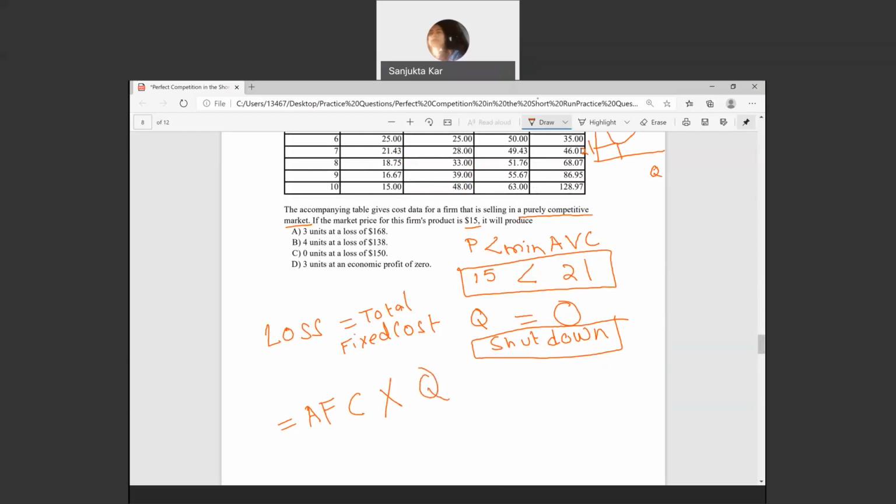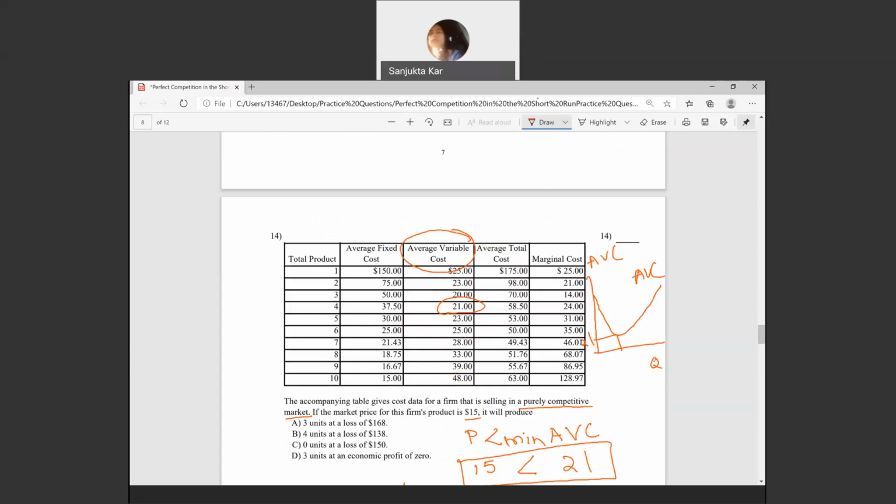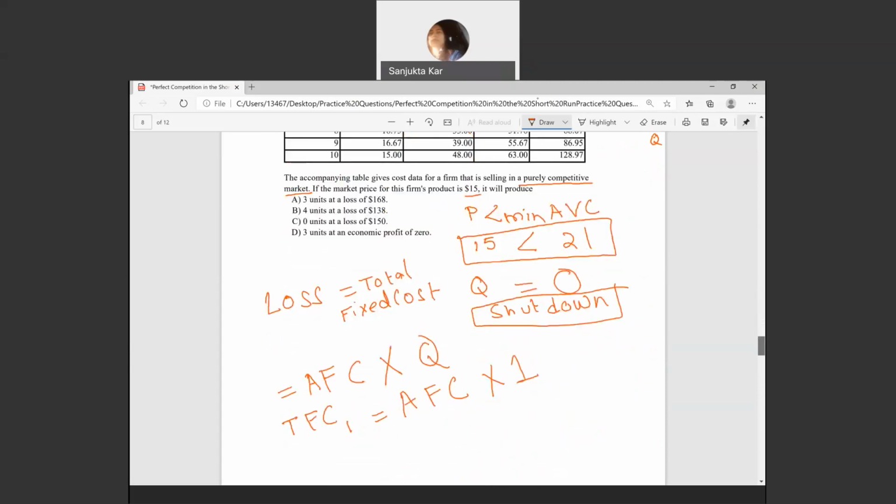So the total fixed cost for the first unit of output is the average fixed cost times 1. The average fixed cost is equal to 150, output is 1. So the total fixed cost is 150 times 1, which is equal to 150.